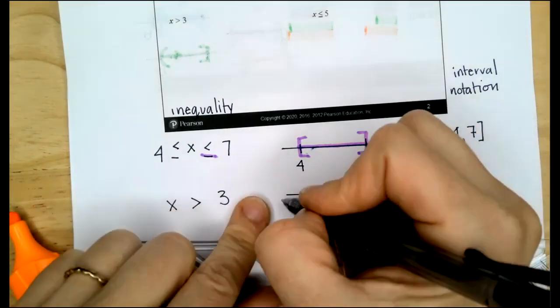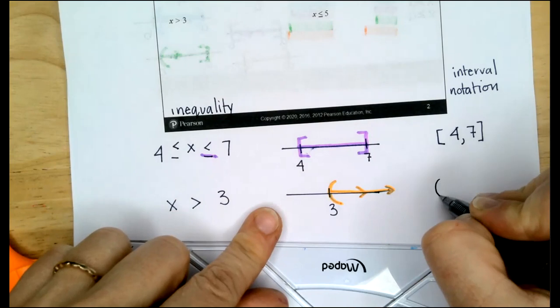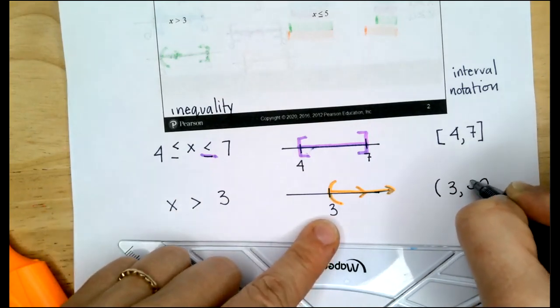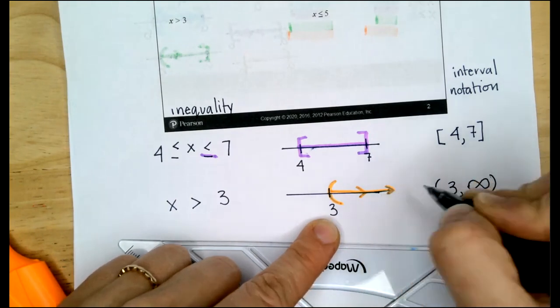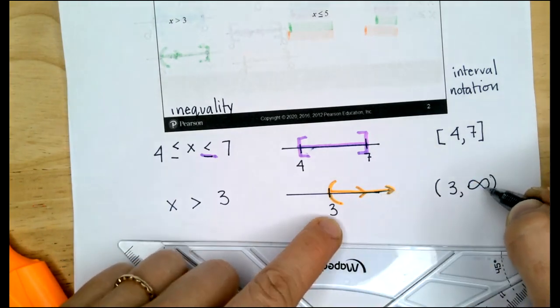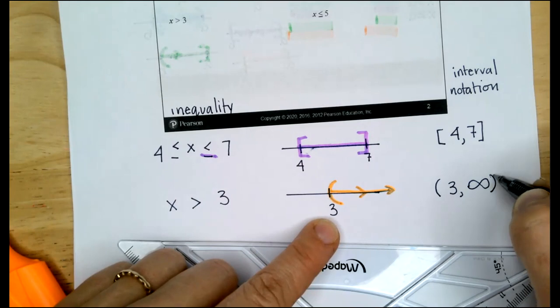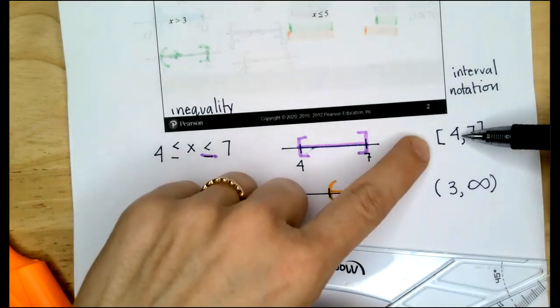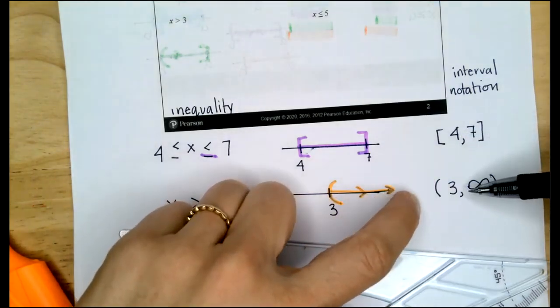And then when I read it from left to right, I start with a parenthesis at the number 3, and then I go towards positive infinity. So if I see the arrow going that way, it means positive infinity. Infinity only ever has a parenthesis, and negative infinity will never have brackets, because bracket means it includes the number 4, it includes the number 7, it doesn't include 3.